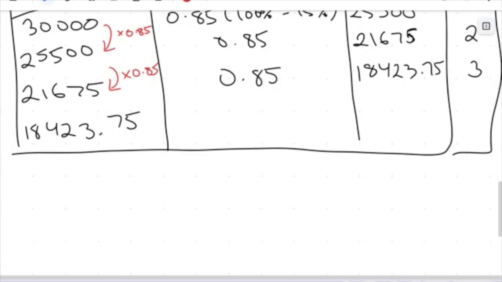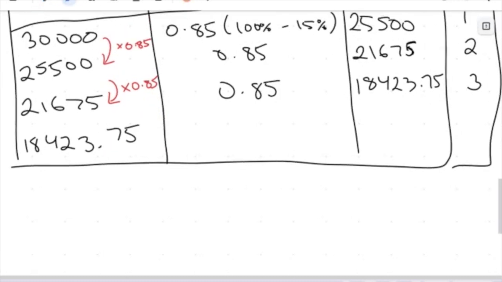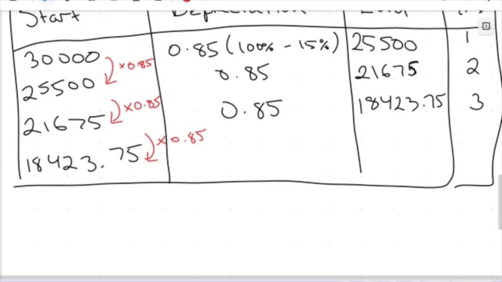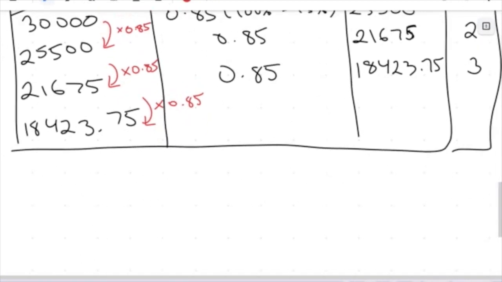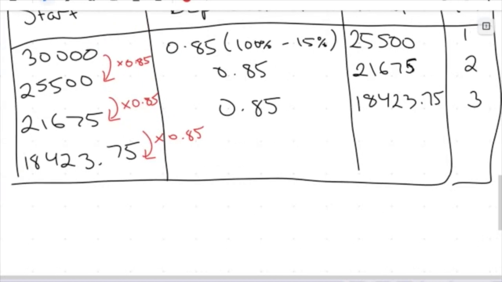Okay. Now to get to my next one, once again, hopefully by now we are seeing a pattern. Getting from 21,675 to this price, I've once again multiplied by 0.85. Now instead of doing this all over, let's actually notice what I'm doing.